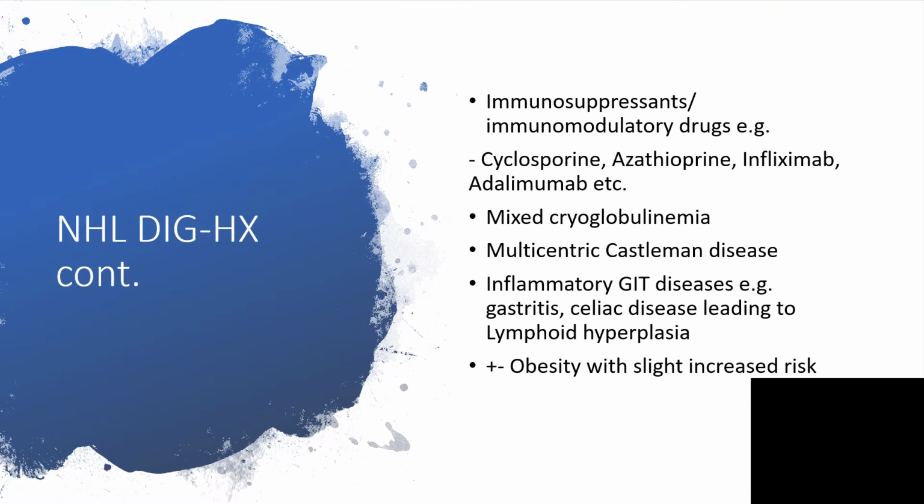How about history of cryoglobulinemia, Multicentric Castleman disease, inflammatory gastrointestinal diseases, for example, gastritis, celiac disease leading to lymphoid hyperplasia. You may also check the individual for possible obesity, who might have slightly increased risk.